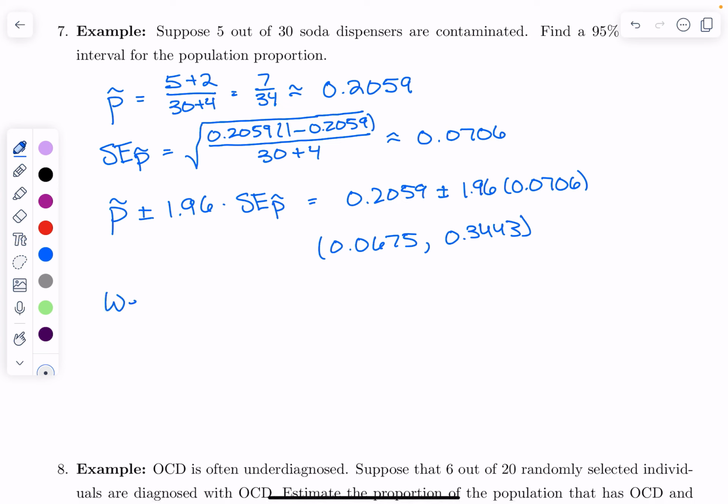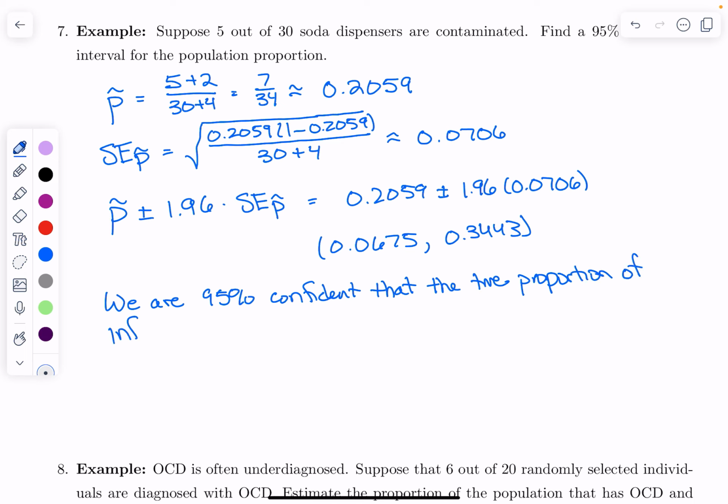So we can say we are 95% confident that the true proportion of infected or contaminated dispensers is 6.75 to 34.43%.